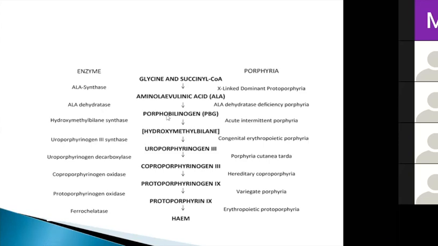It mainly presents with cutaneous symptoms. Even its acute crisis is well tolerated by patients, so I'm not going to dwell much on it as well. The last and the most important to us as South Africans is variegate porphyria, which occurs when there is deficiency of protoporphyrinogen oxidase.